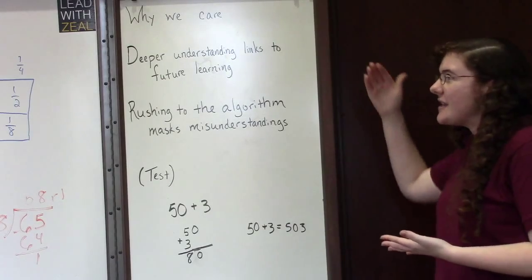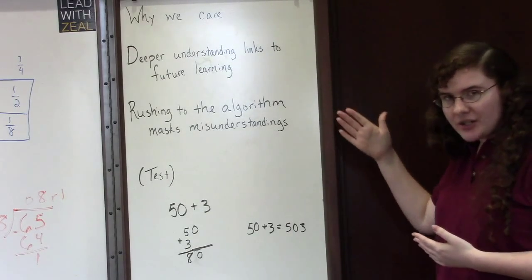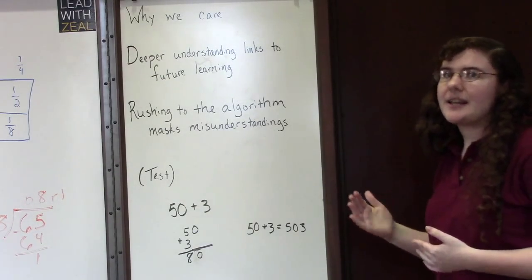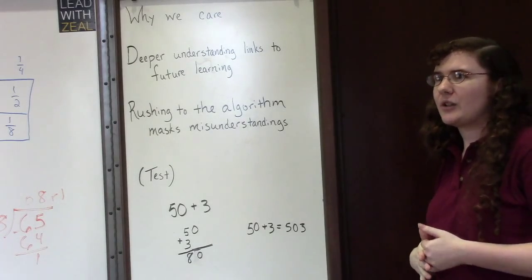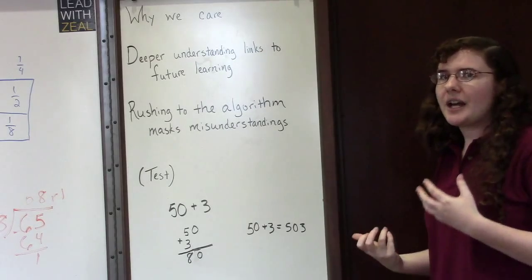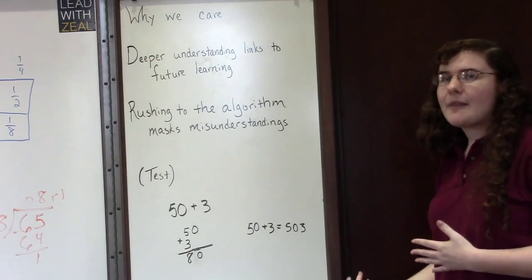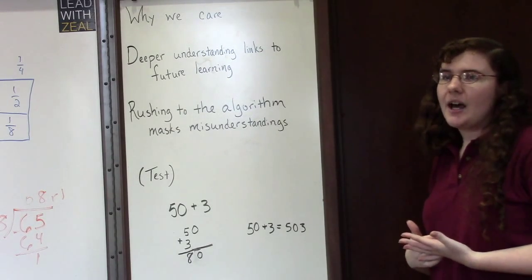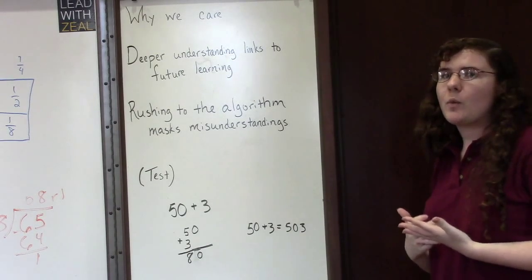I know that these steps, going through first understanding and then strategies and then algorithms, will take an awfully long time, but by the time you've finished, they'll truly understand why they're doing these things, and it will help them with their future studies.